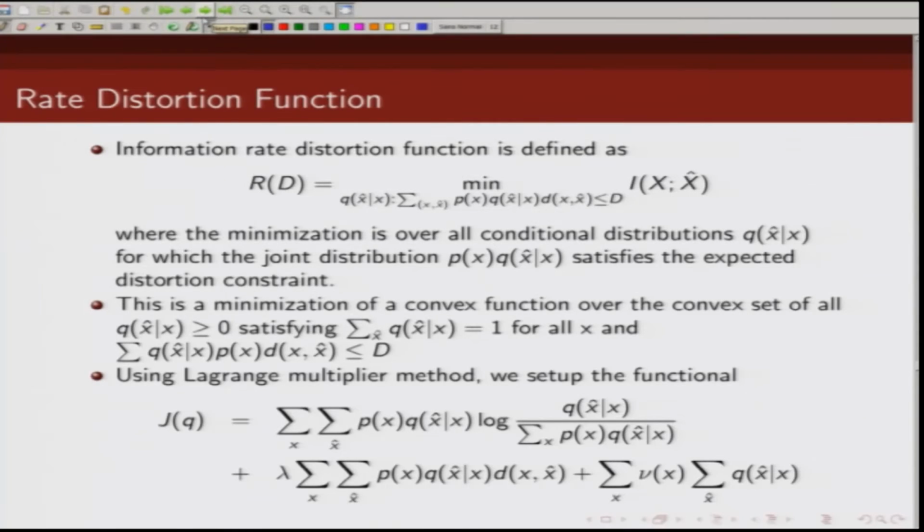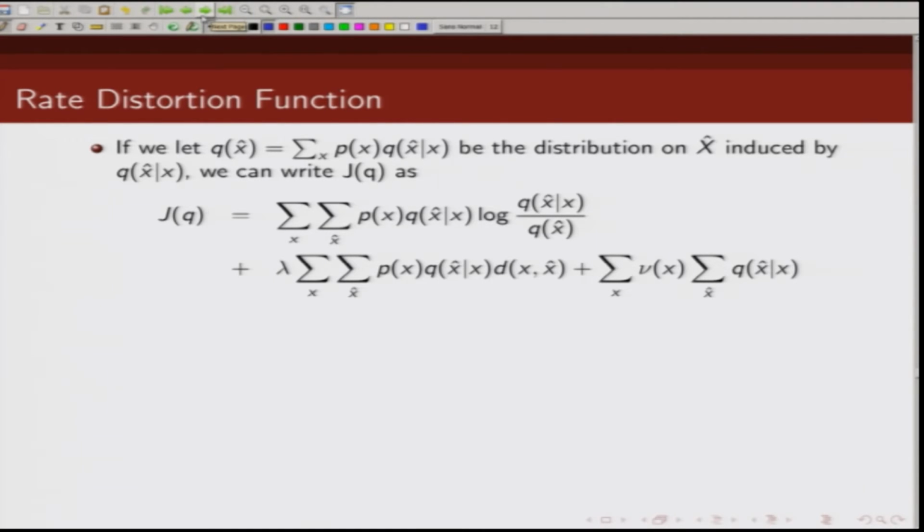So then we can set up our Lagrangian, basically using the multiplier method, we can set up our functional. So this is our objective function, this is the constraint due to this expected distortion constraint, and this is the constraint that comes due to the summation of probabilities being equal to 1.